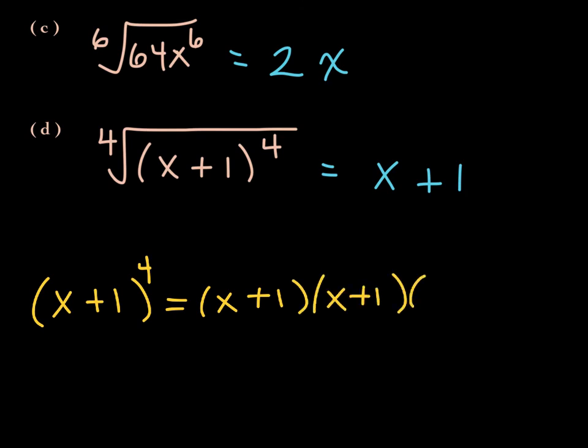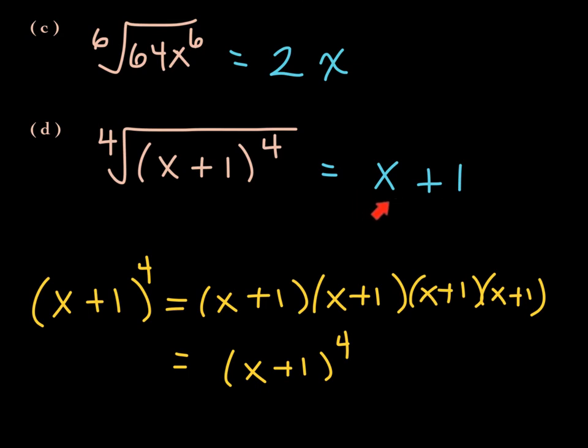Don't worry, we're not going to have to distribute, that would be a lot of work. Four times. This is the same thing as x plus 1 to the fourth power. So if you take x plus 1 and raise it to the fourth power, you get x plus 1 to the fourth power.